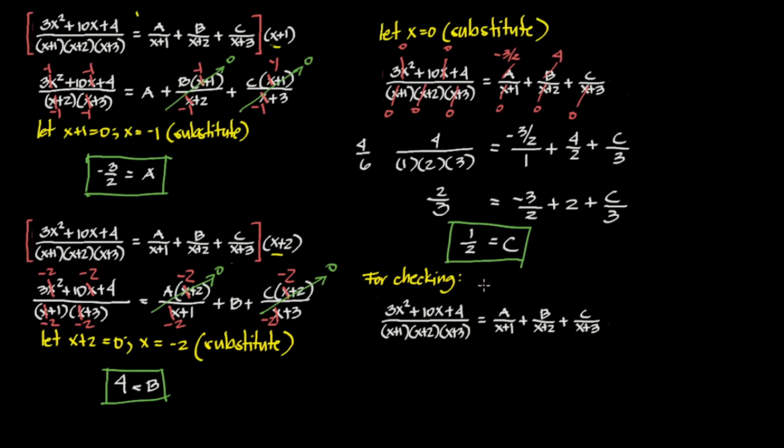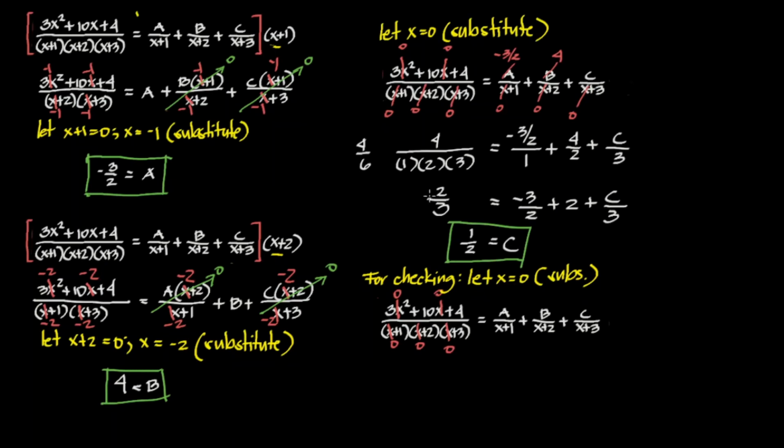Tapos, try natin gumamit ng value ni X, which is, let's try this one. Let X is equal to 0. So, i-substitute na naman natin to. Try natin dito. 0, 0, 0, 0. For checking lang to.